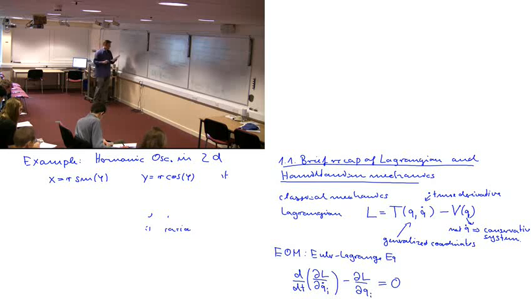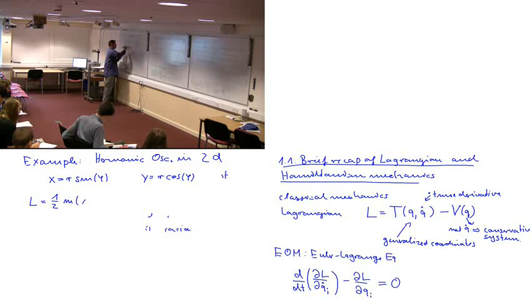Now, our Lagrangian, just to make it physically explicit, is the kinetic energy minus the potential energy. So we can easily write down the kinetic energy in Cartesian coordinates. That's 1/2 m times the velocity in x direction squared plus the velocity in y direction squared.